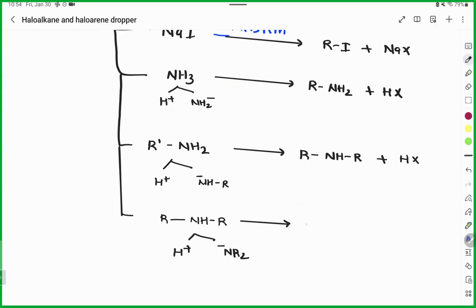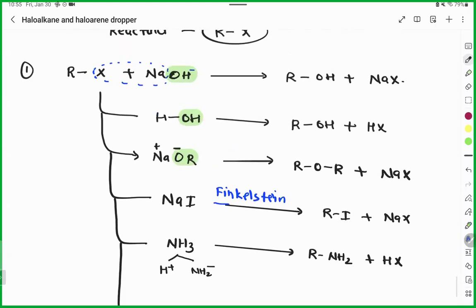Correct, Anvita. What will be the product? Like 3 hours. Yes. So what you are doing in every step, you are just making positive and negative ions.